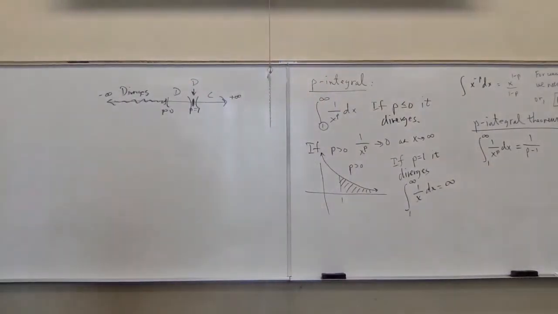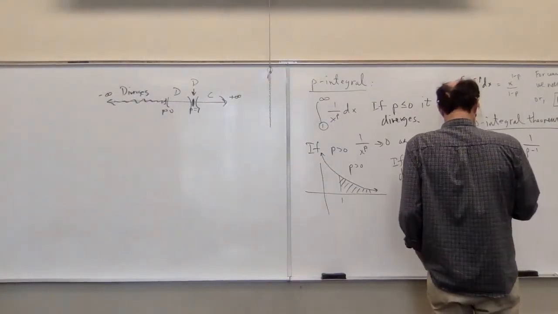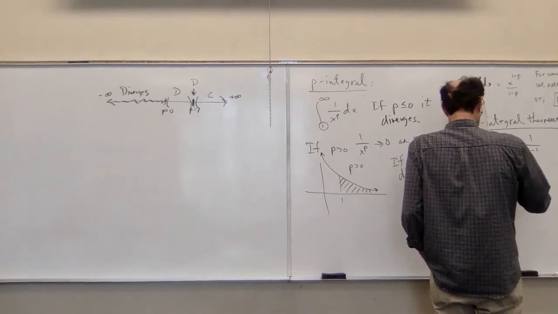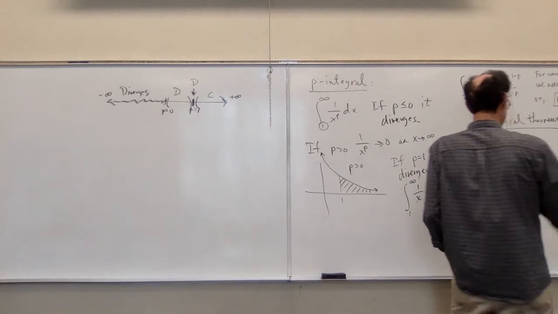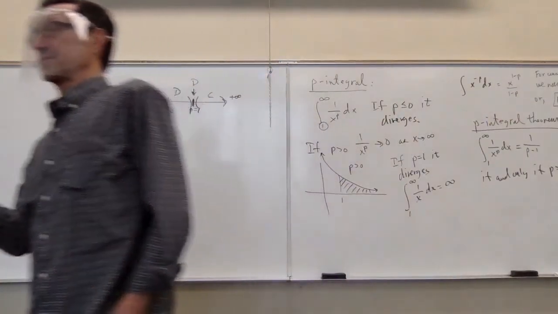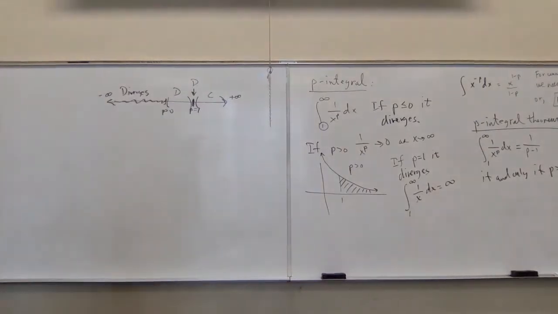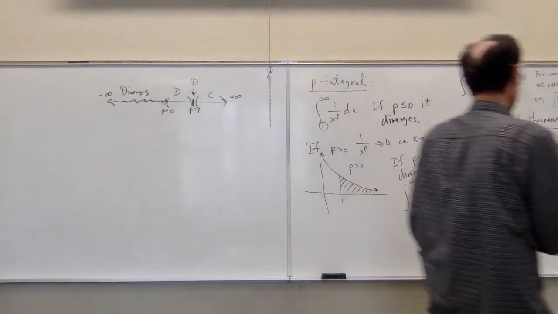It converges to 1 over p minus 1 if and only if p is greater than 1. If and only if means if p is bigger than 1, it converges. If it's not bigger than 1, it doesn't converge. It tells me the result for every value of p.